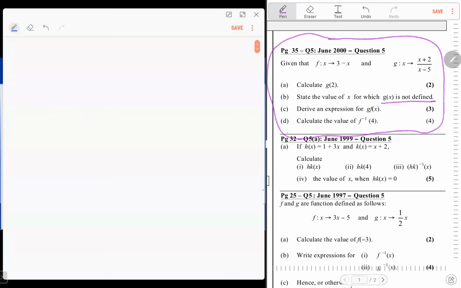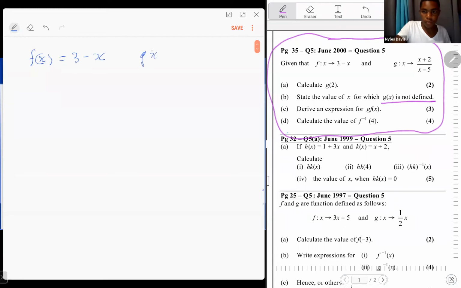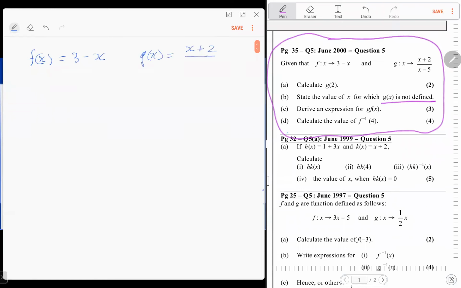Okay, the question I've marked there, page 35. It gives us two functions, f and g. f of x is 3 minus x, and g of x is x plus 2 divided by x minus 5. The first part wants us to calculate g of 2.